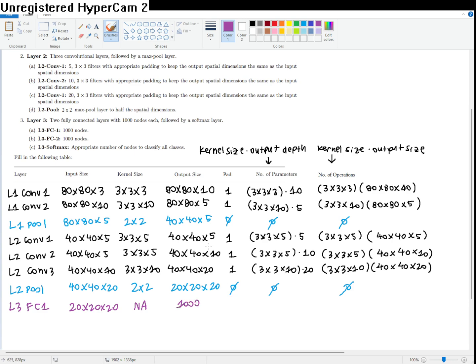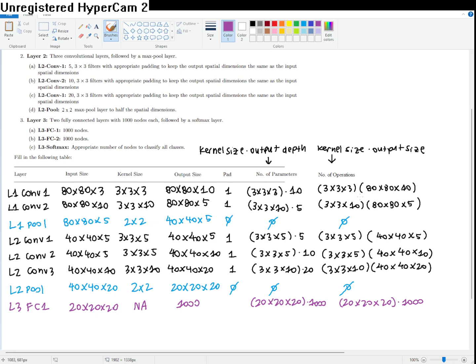And then the number of parameters is going to be 8,000 because of the 20. So we'll just write it out: 20 by 20 by 20 times 1,000. And then the same thing is going to be the case for the number of operations.